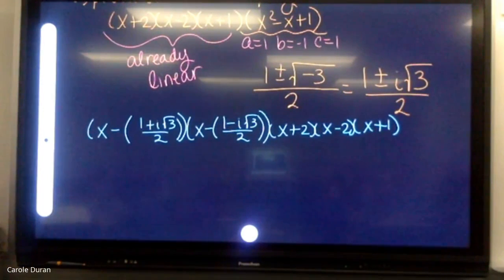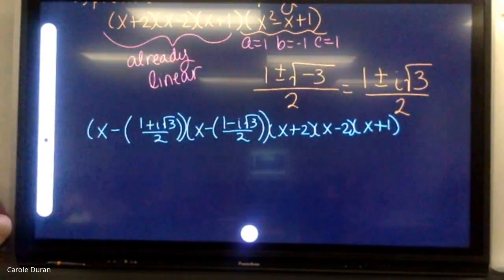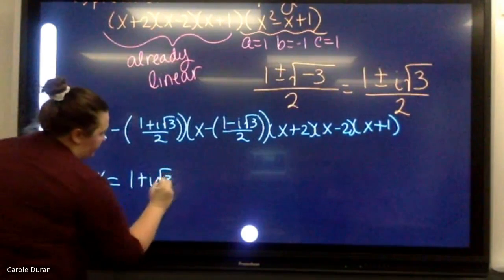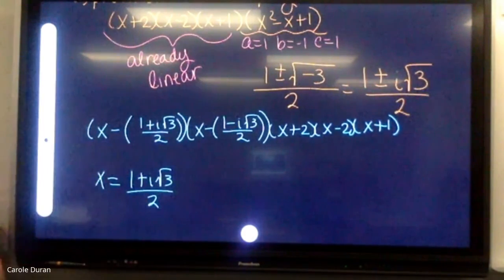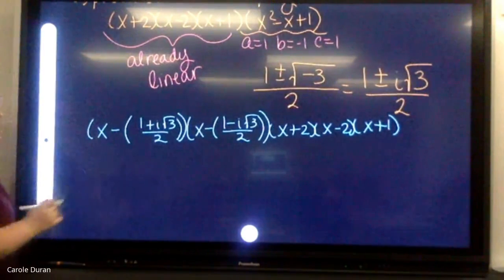Yeah, we always do x minus whatever our zero is, because this would be x equals 1 plus i root 3 over 2. So when I move it over, it always becomes minus. Just if it was already negative, then it would go positive.